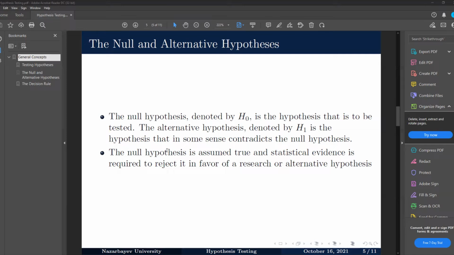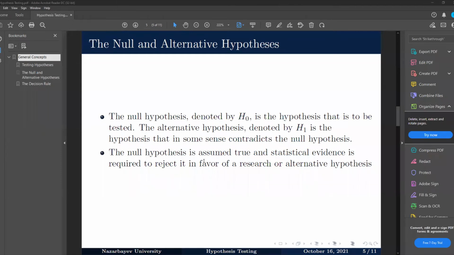So the null hypothesis is a conservative idea. Or for instance, let's say you are testing whether healing crystals can help treat COVID, then your conservative idea, the null hypothesis, is that healing crystals are ineffective in treating COVID.